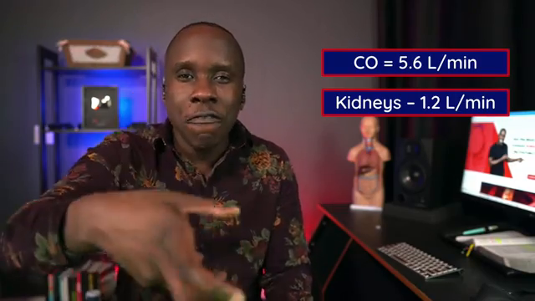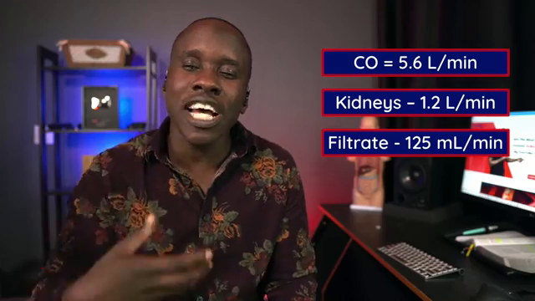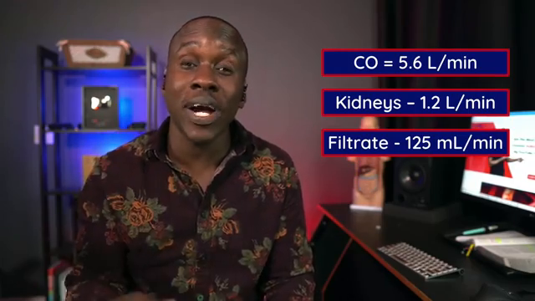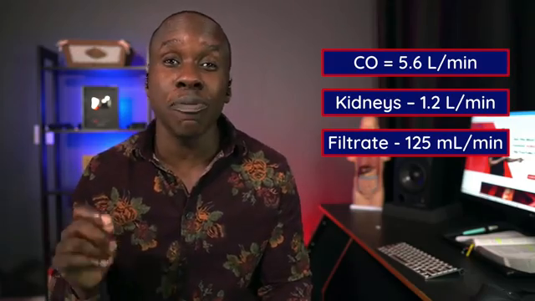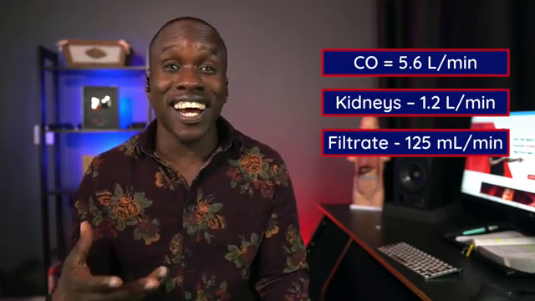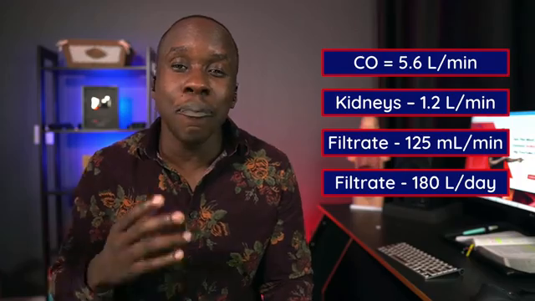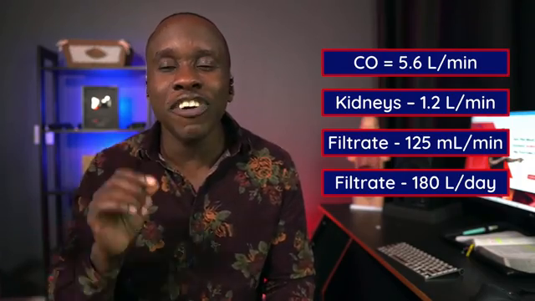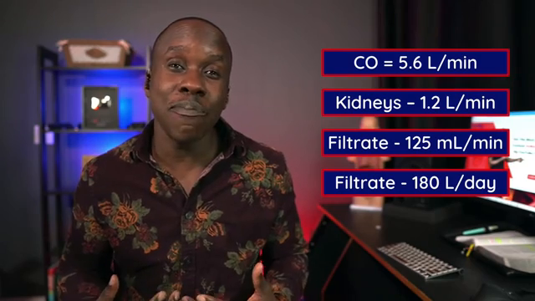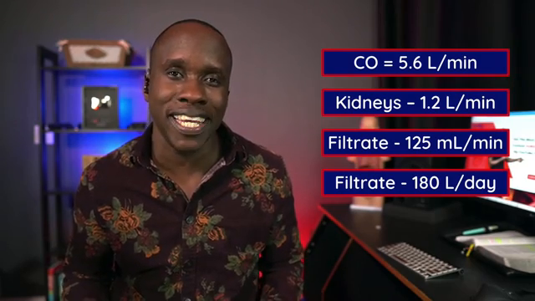Of that, when we filter the blood, we produce approximately 125 milliliters of filtrate every single minute. Now, I don't know if that sounds like a lot to you, but what that ends up being is 180 liters every single day. Now, can you imagine if all of that had to come out as pee?